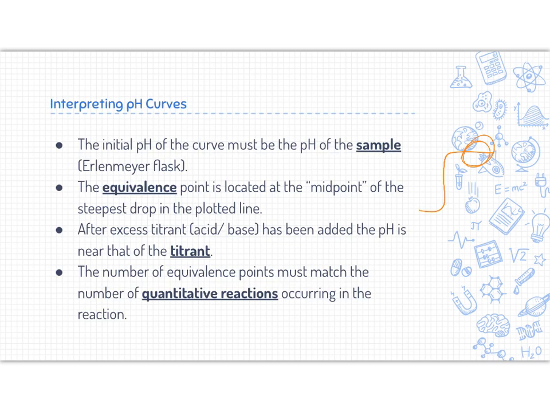The number of equivalence points must match the number of quantitative reactions happening. So for instance, if we have a monoprotic sample, it will have one equivalence point. Something like HCl was monoprotic, so it had one equivalence point. Something like H3PO4 as a sample, remember, I'd still be titrating it with NaOH.